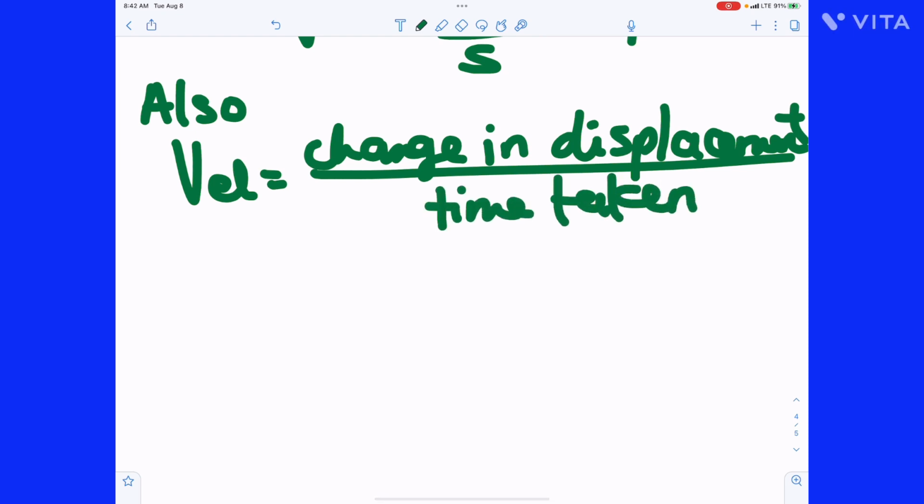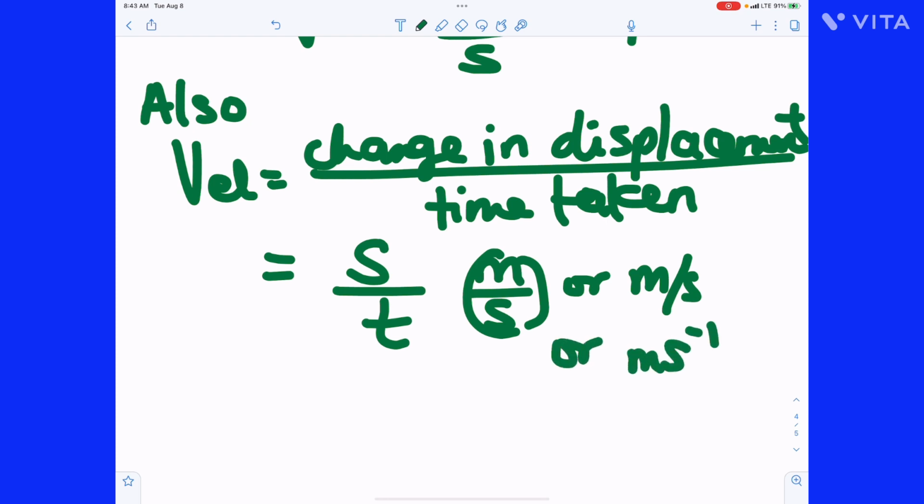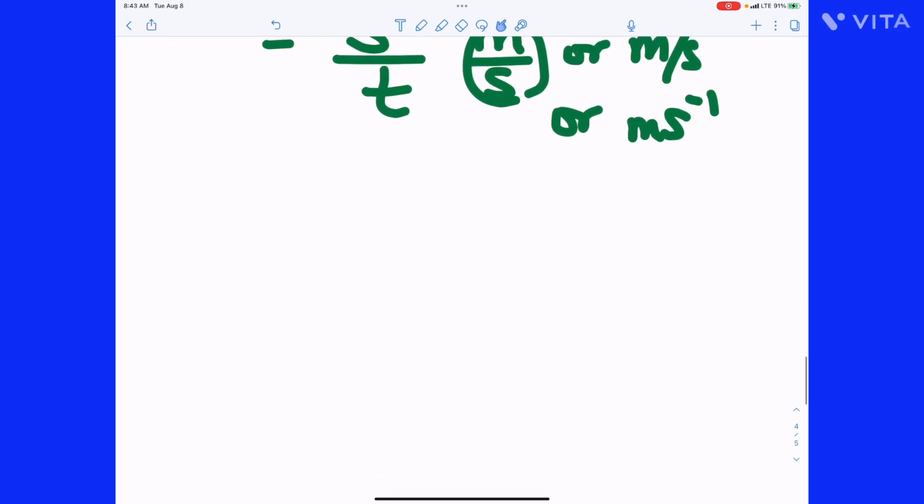Or we say change in displacement per unit time. So velocity is also S over T. Displacement is also symbolized as S, time as T. Displacement is measured in meters, time is measured in seconds. So everything, the SI unit is meter per second, or using indices, S raised to power minus 1.